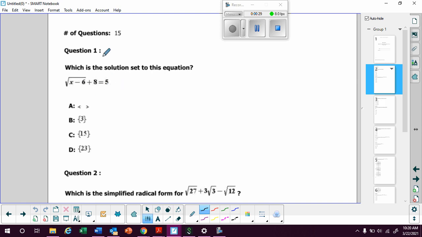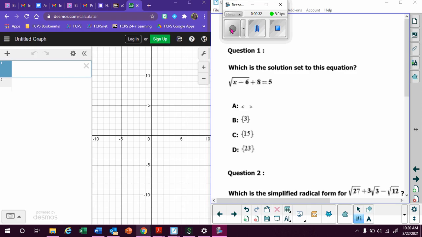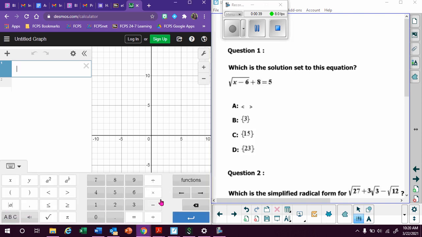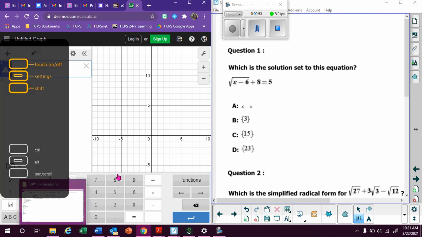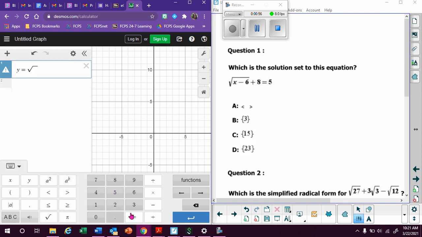So I'm going to open Desmos. All right, as you guys can see, I opened Desmos, and all you have to do is just put the whole equation in. And if you guys remember what Mr. Quartain said, put each side as one equation. So you're just going to put in y equals the square root of x minus 6, plus 8, right?